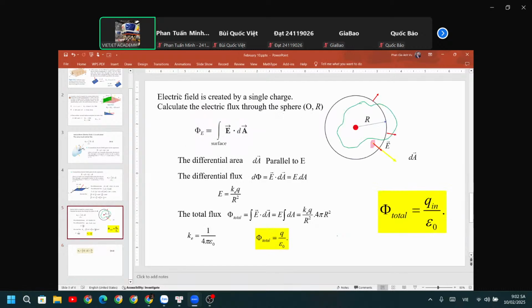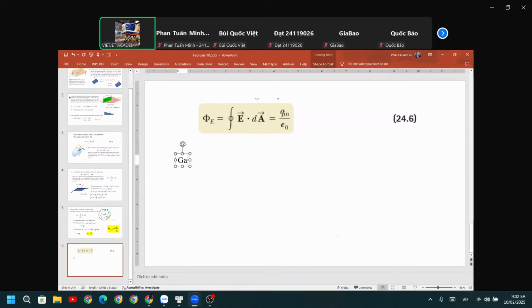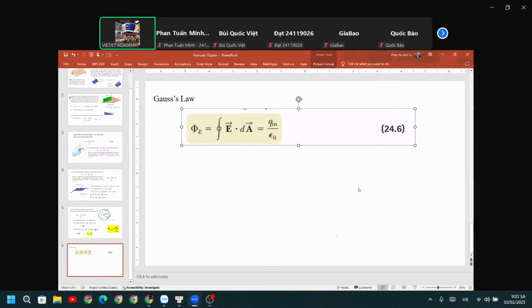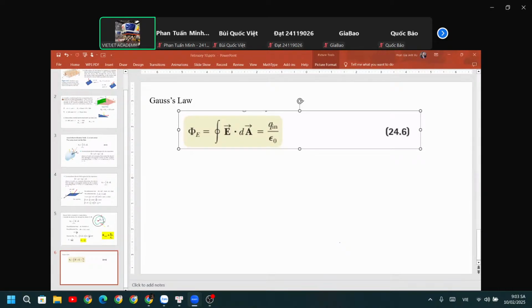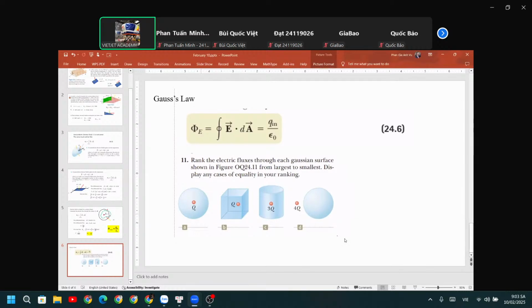This is the Gauss law, regardless of the shape of the surface.